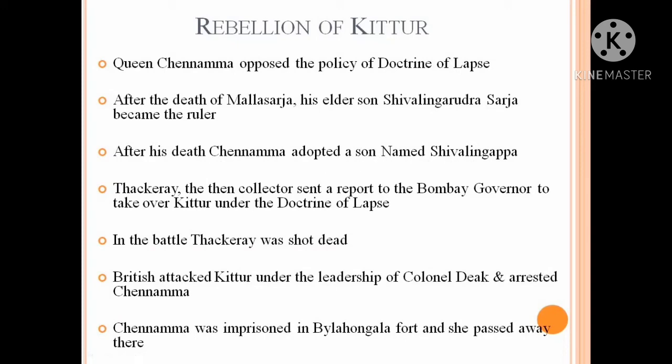But according to the doctrine of lapse, any Indian ruler who doesn't have a legal heir or a male heir, their kingdom will lapse to the British. But here, Chennamma's son died. That's why Thackeray, the then collector of that area, sent a report to the Bombay governor to take over Kittur under the doctrine of lapse.